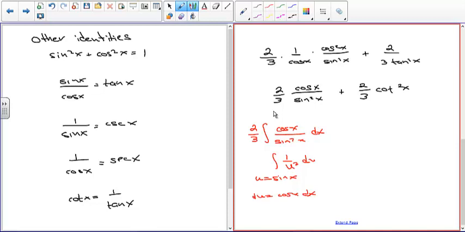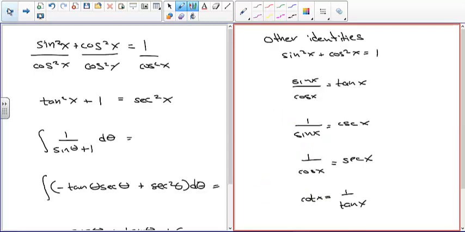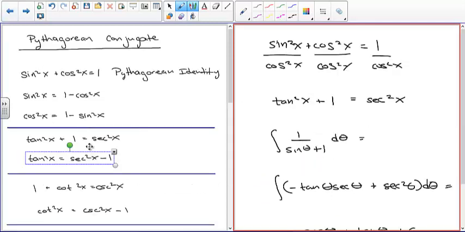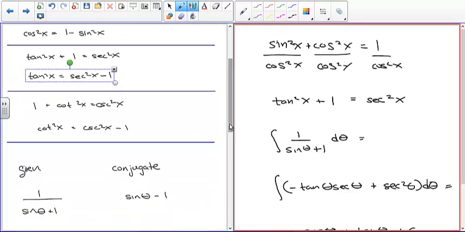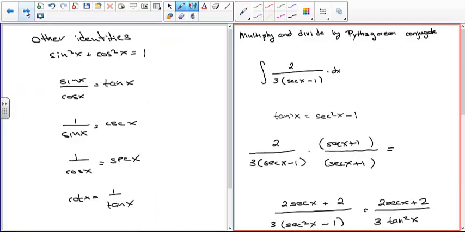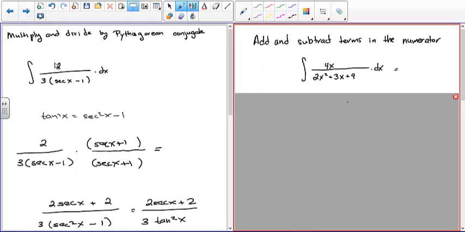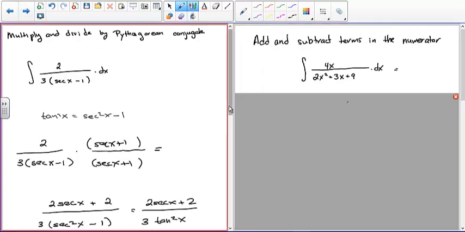Okay. So what you would do is use another trig identity. 1 plus the cotangent squared of x is the cosecant squared of x, so cotangent squared is cosecant squared minus 1. So let's come down here.